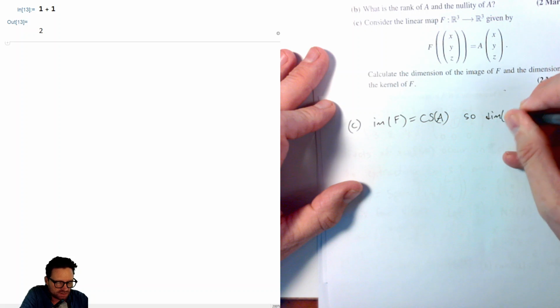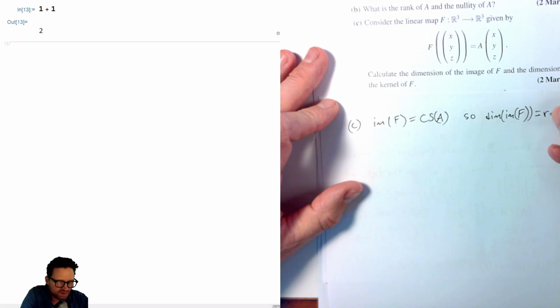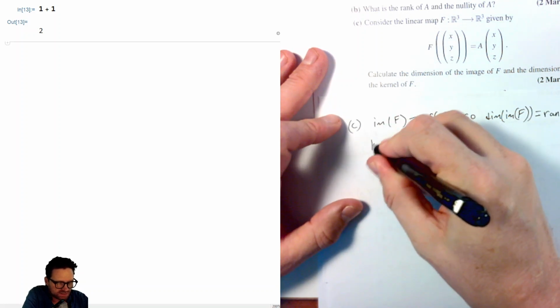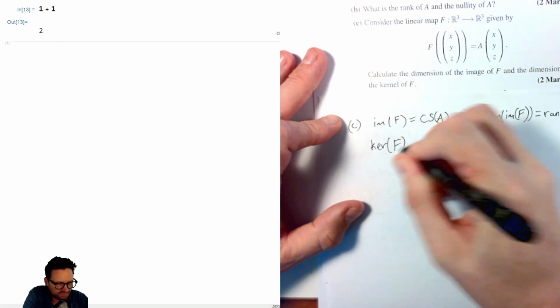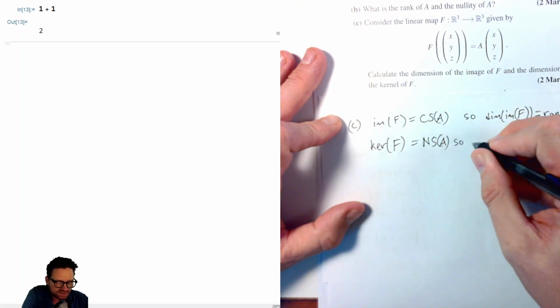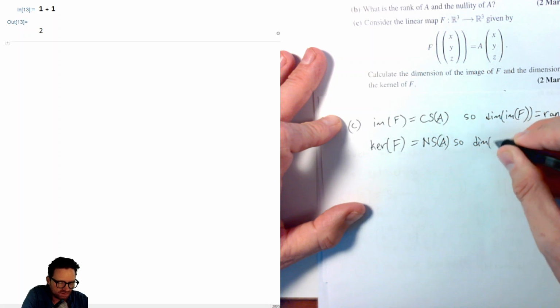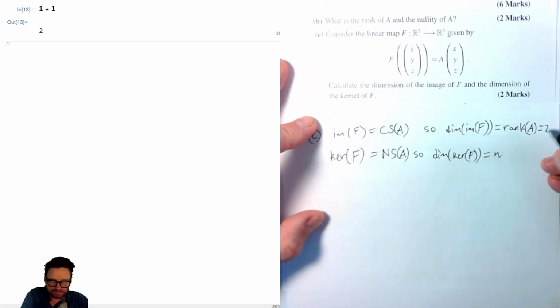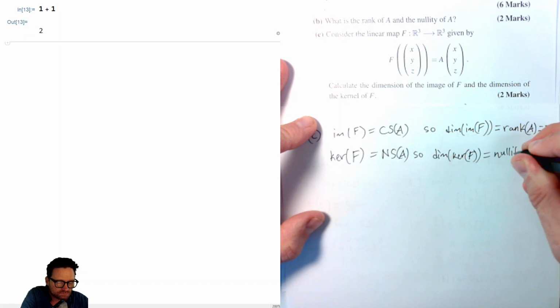So the dimension of the image of F is equal to the rank of A, which is 2, and likewise the kernel of F is the null space of A, and so the dimension of the kernel of F is equal to the nullity of A, which is 1.